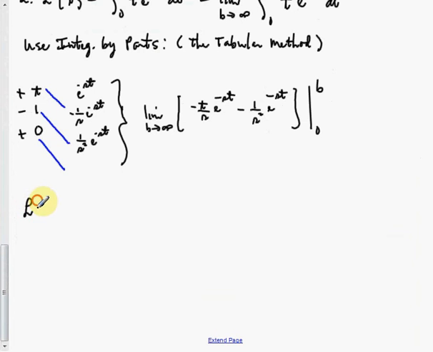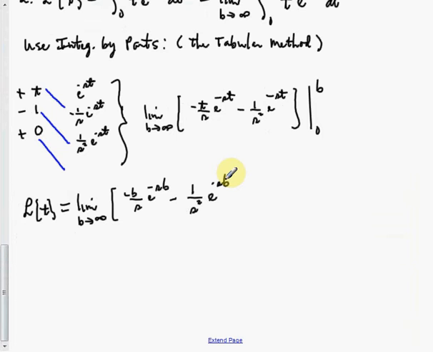So we started with the Laplace transform of t, and so this is the limit as b goes to infinity. We replace here, for the evaluation of b, we replace the t with b, so this is negative b over s times e to the negative sb minus 1 over s squared times e to the negative sb.